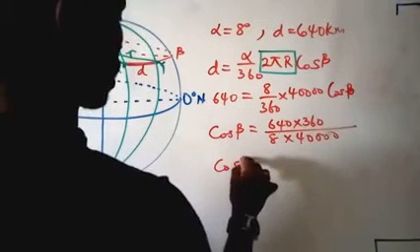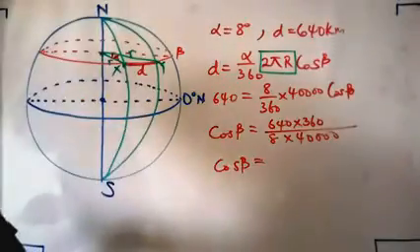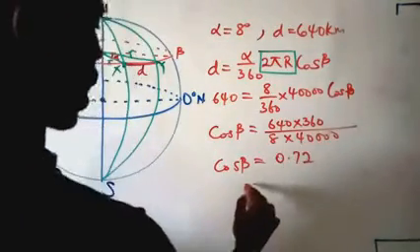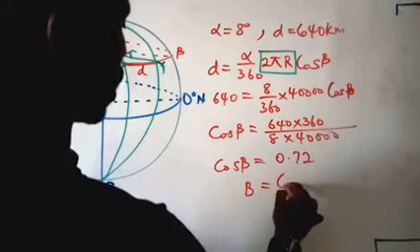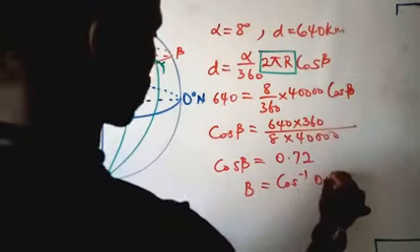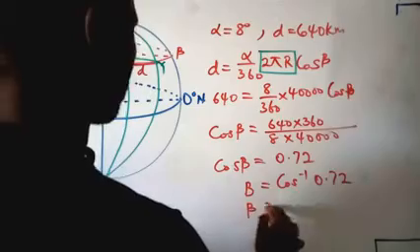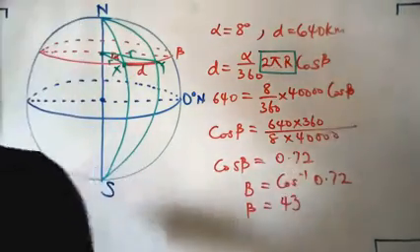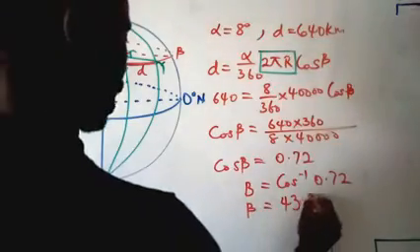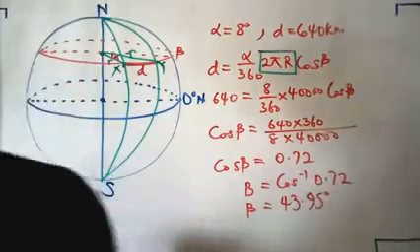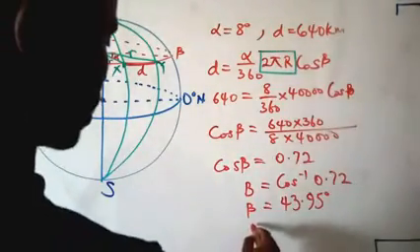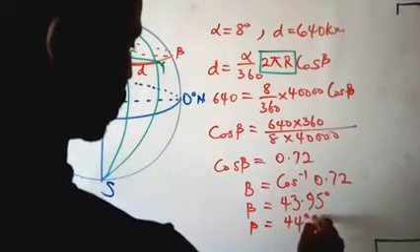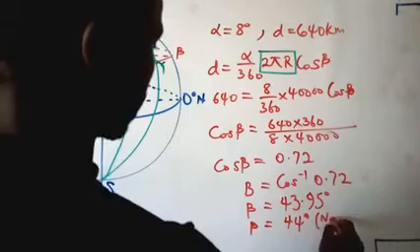Cos beta will now be equal to 0.72, and beta will be equal to cos inverse of 0.72, and the cos inverse of 0.72 is 43.95 degrees, which we can approximate to 44 degrees to the nearest whole number.